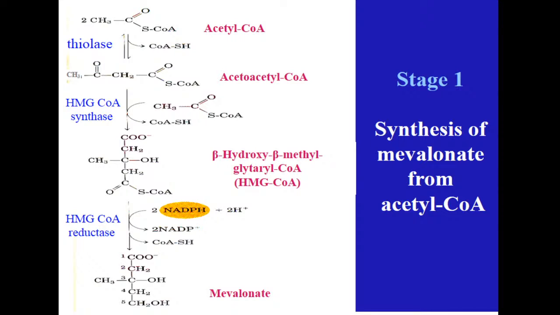Finally we will obtain 2 hydroxy groups and 6 atoms of carbon. So we started from 3 acetyl-CoA, and we now have 6 carbons in the structure of mevalonic acid, 2 hydroxy groups and a carboxylic group, because it's an acid.